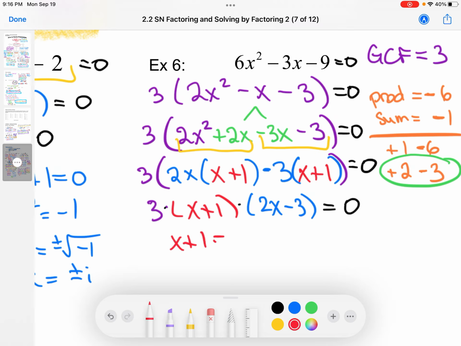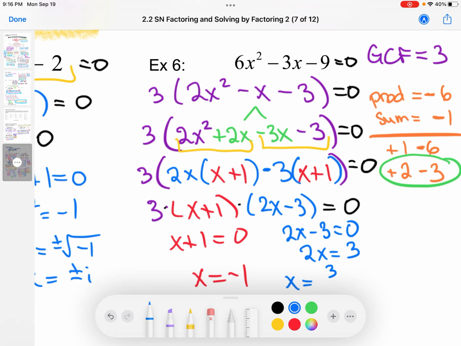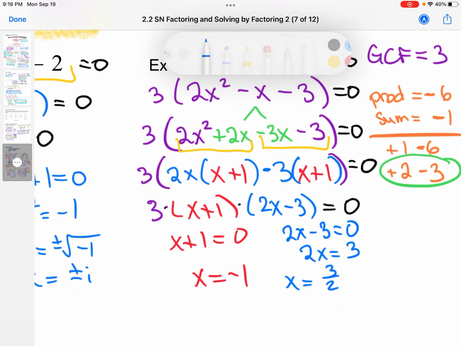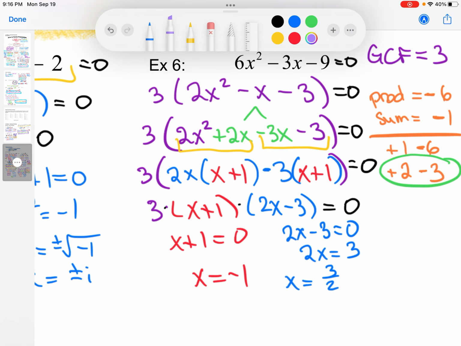So start with x plus 1, set it equal to 0. X equals negative 1 is a solution. Take 2x minus 3, set it equal to 0. So 2x equals 3, and x equals 3 over 2 is another solution.